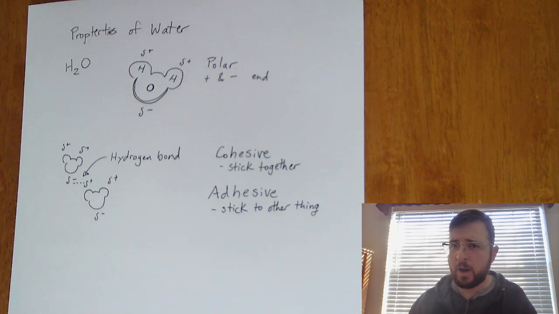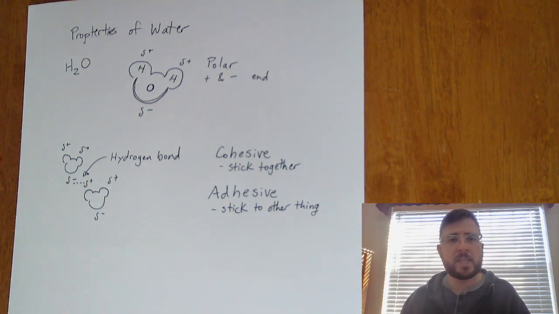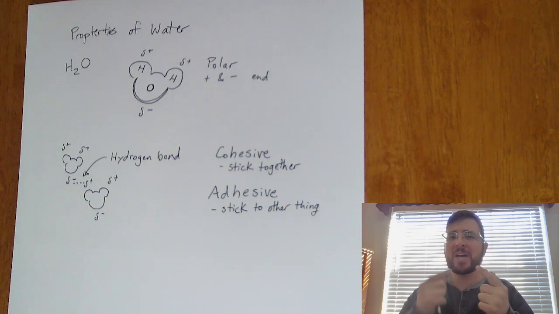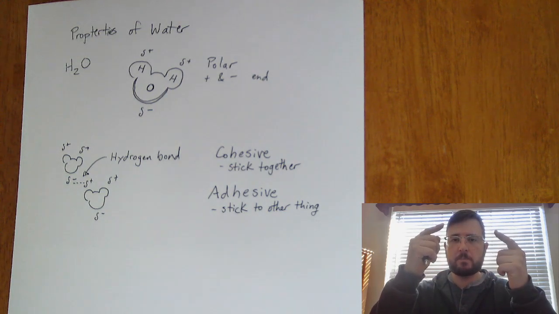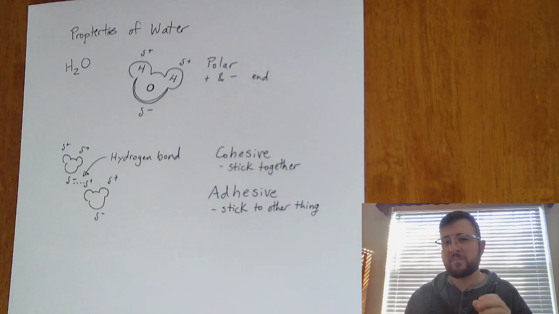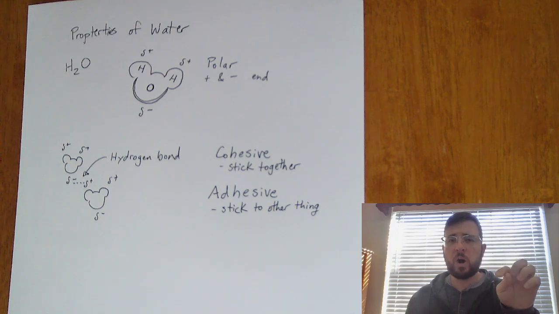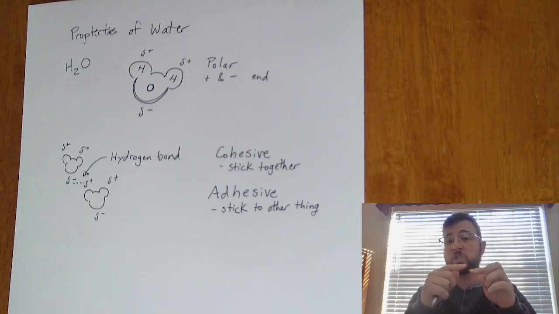Now what's interesting about both of these properties is that the cohesive nature and the adhesive nature of water can work together to cause water to go up against gravity. If you were to put water in a very small tube, maybe you've seen this if you have a very narrow straw, and you put a straw in water, the water level inside the straw will be higher than the water level outside of the straw.